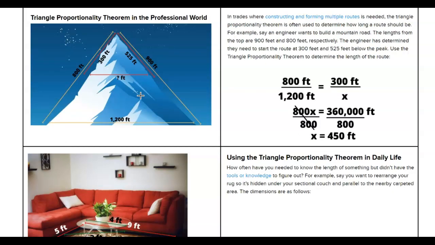All right, so some real world uses of triangle proportionality. Well, in the professional world, we can think of multiple routes, okay? And so we can find these distances, setting up proportions, and engineers really do use this strategy. It's a lot used in construction for roofs, distance of objects, bridges, construction on plazas and shopping centers.